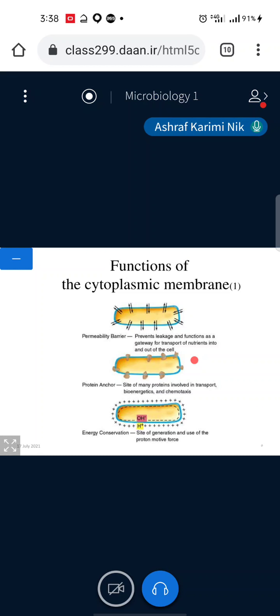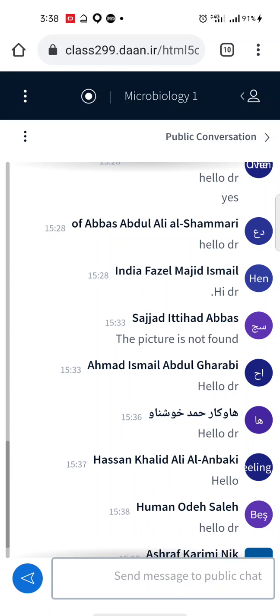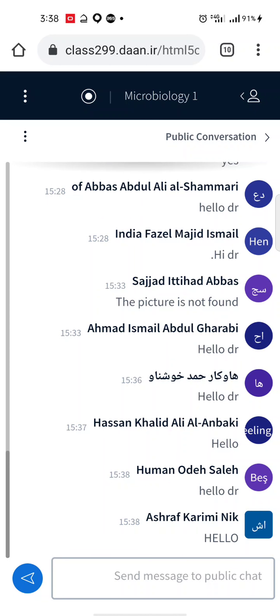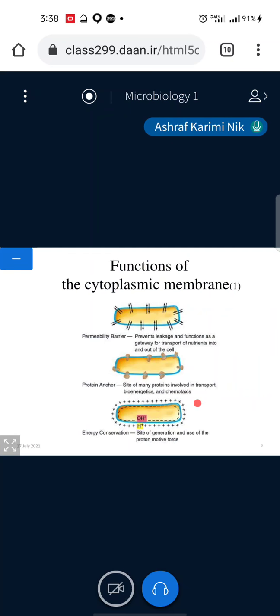Next, protein anchor. Protein anchor means a site of many proteins involved in transport, bioenergetics, and chemotaxis.